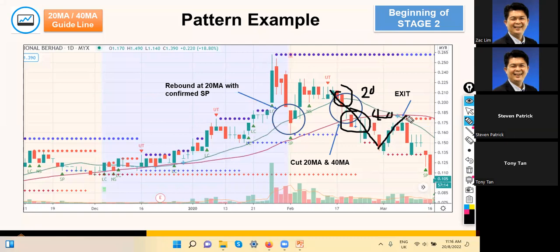But usually there will be a rebound before it comes down lower. Some stocks, people can go short, and this rebound is usually them covering back their short position. They are already short, they just buy back to close their short position. That's why you have a rebound.